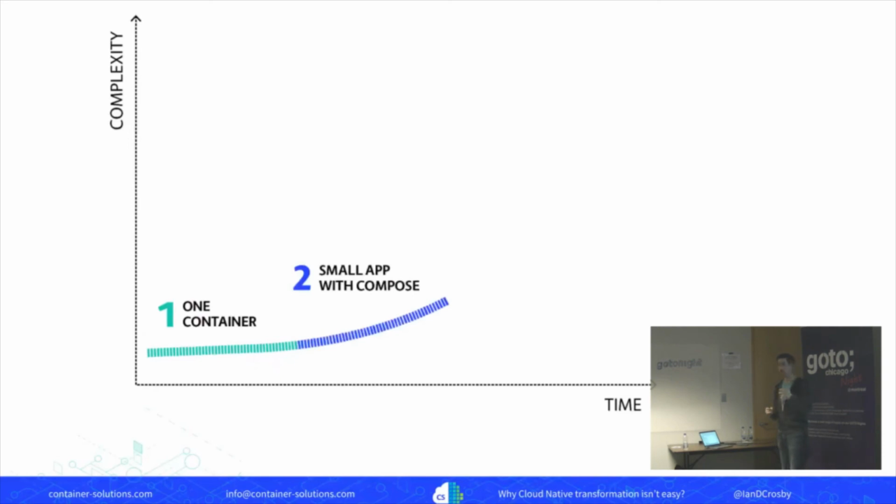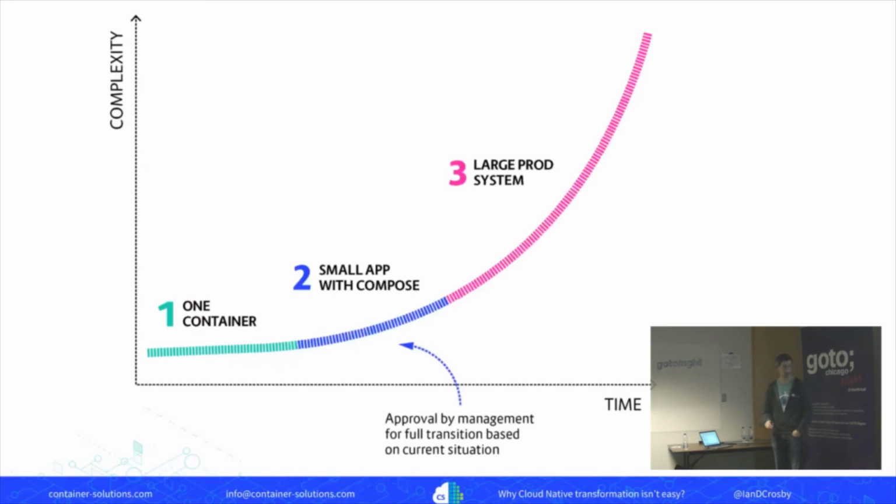So from there, maybe you take a couple of applications, use Docker Compose, you're able to spin them up, you're able to scale them. Seems pretty easy, seems pretty straightforward. At this point, you're like, okay, we're ready to go full cloud native. You get buy-in from the management for this full 2-year project to go ahead. And that's where the complexity really grows exponentially. Somewhere along there, there's a panic moment, and then you're like, okay, we need to call for help.